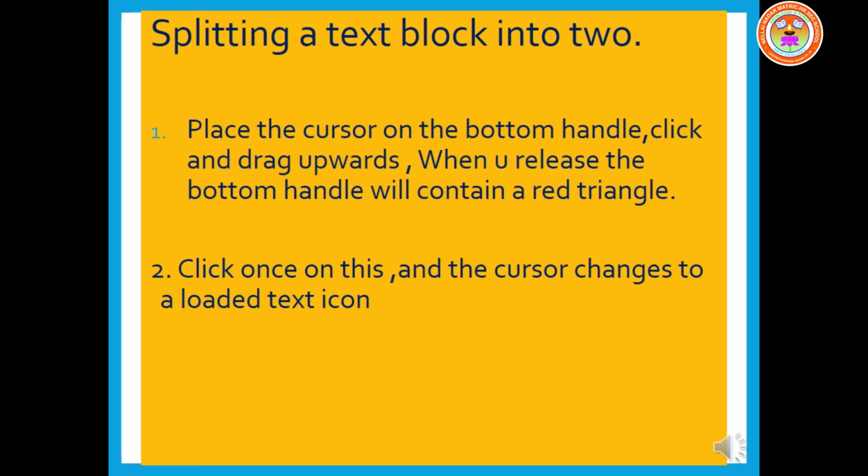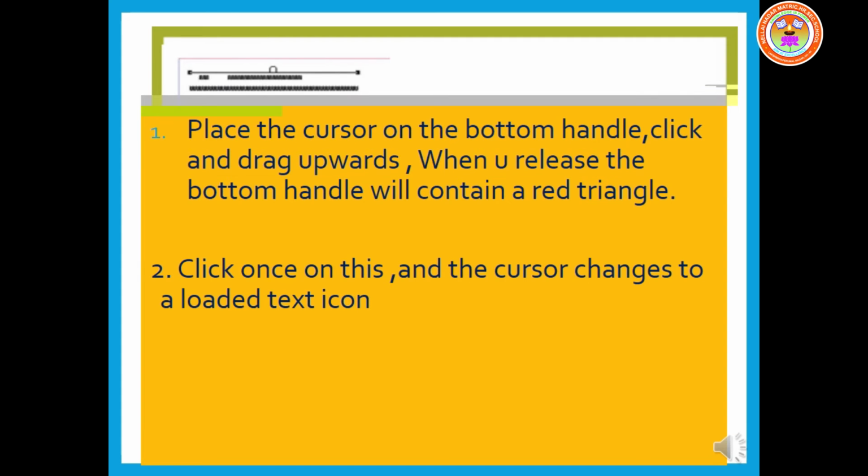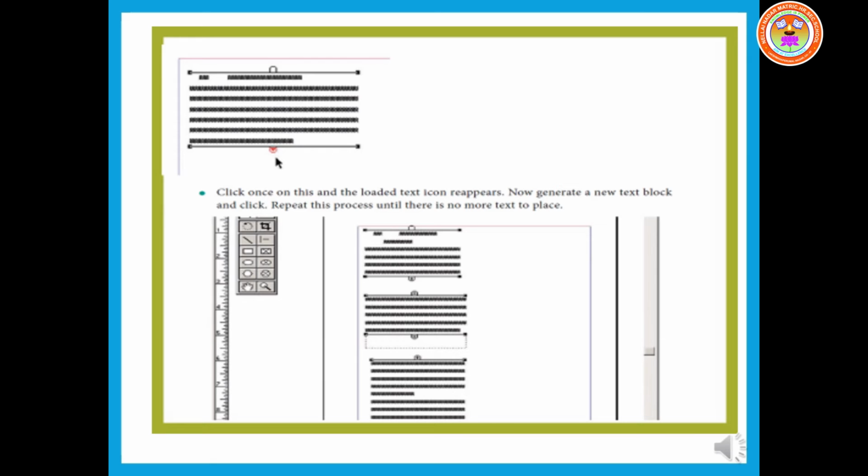That also I will show now. Then click the loaded text icon anywhere inside the page. Then the remaining part of the text will be placed there. So now you are able to see two text blocks. See here, a red triangle. Click once on this and the loaded text icon will appear.